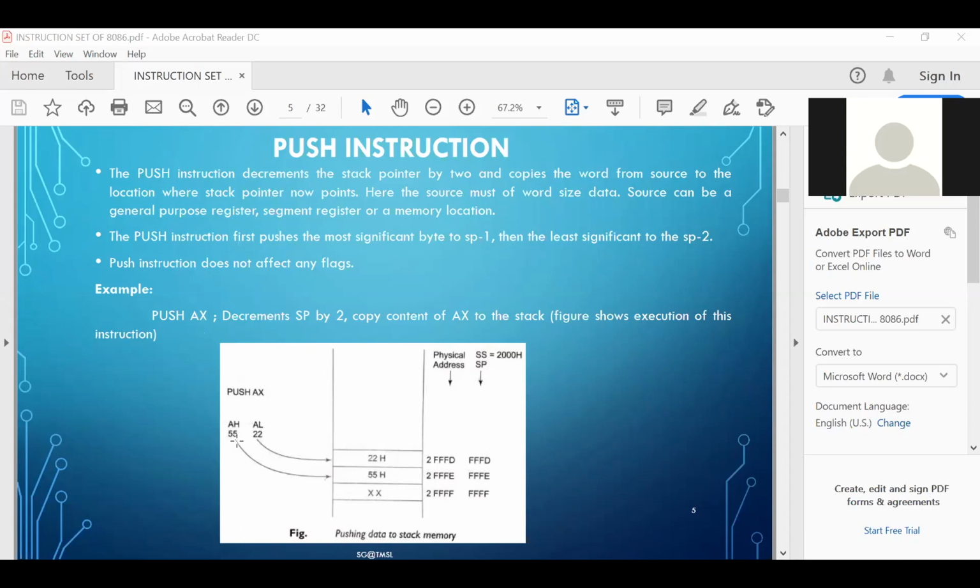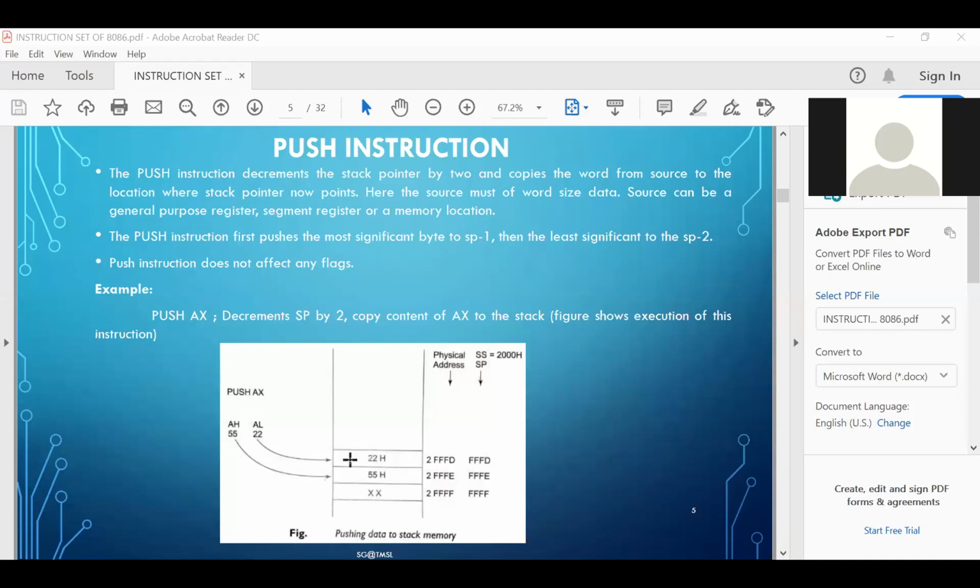When the push instruction is executed, the memory location is decremented by 1 and the content of AH is stored at this address. Then the location is decremented by 1 again, and the lower 8 bits of that register are entered into this memory location. So first the higher 8 bits are stored, then the lower 8 bits.